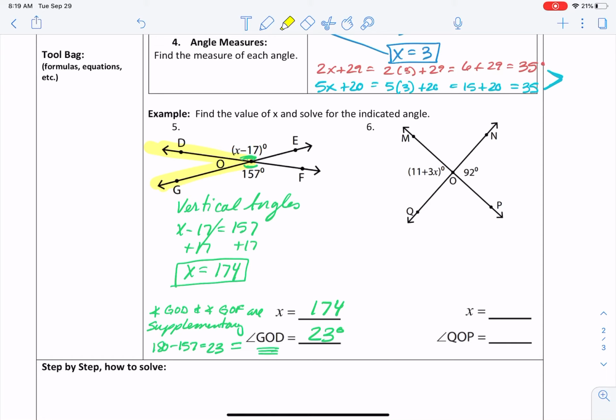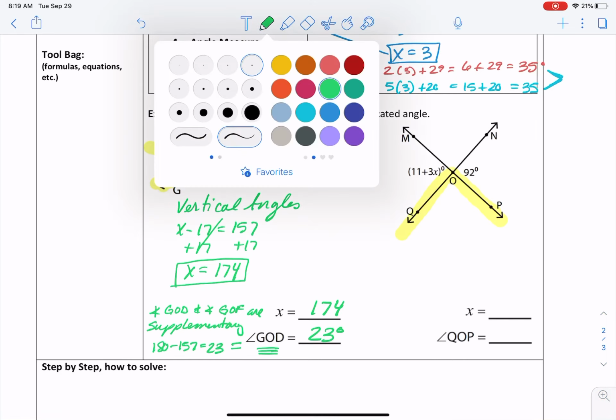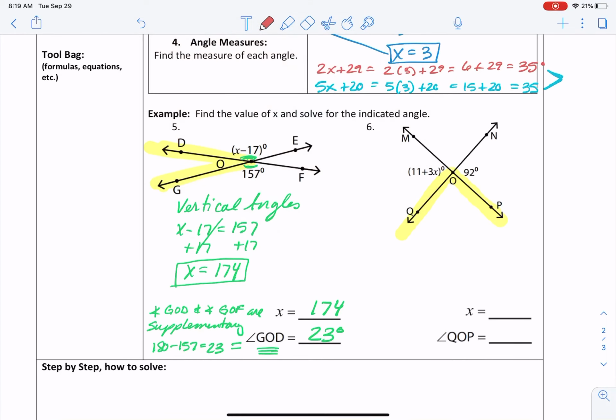Over here in number 6, we're trying to solve for GOP. So first, I'm going to look at my 2 vertical angles. And we get 11 plus 3x equals 92.